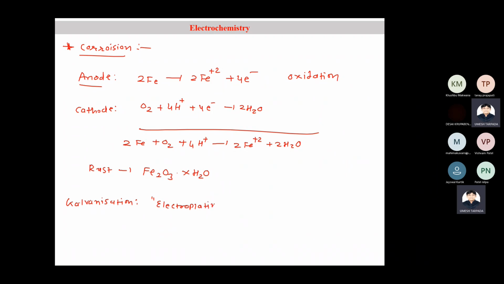Since zinc does not oxidize easily, a layer of zinc is formed on iron. That is called electroplating of the active metal zinc on iron.